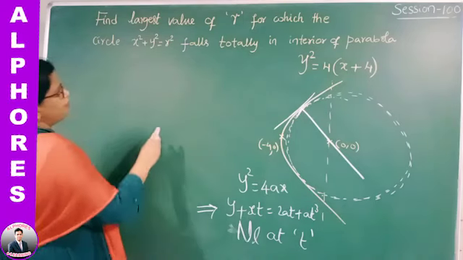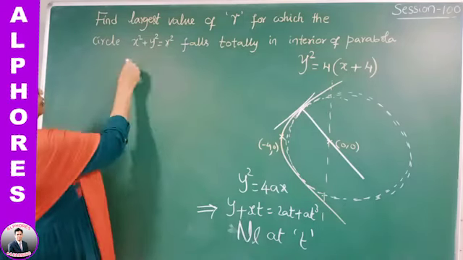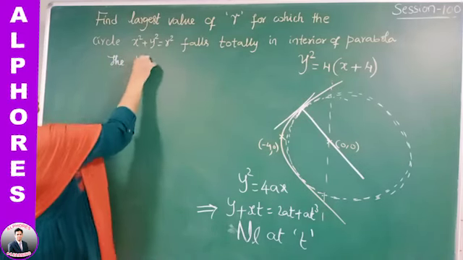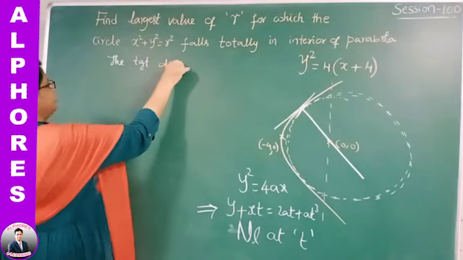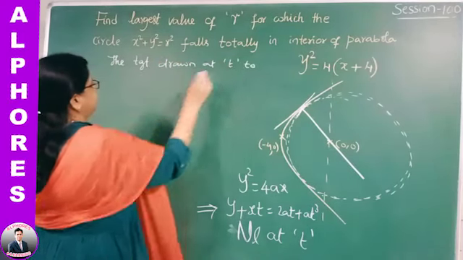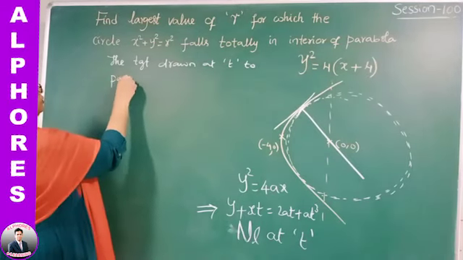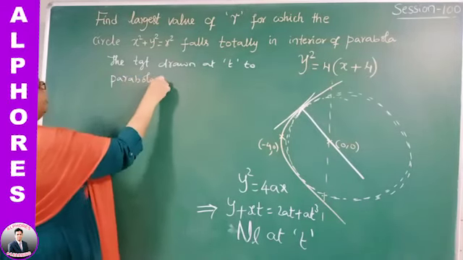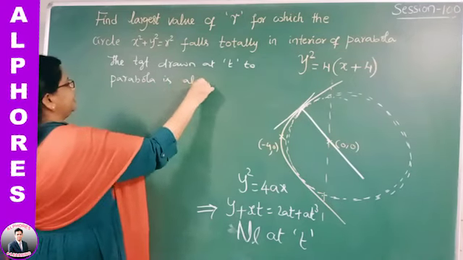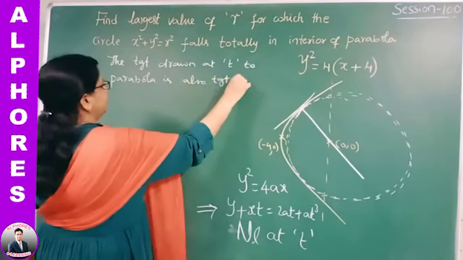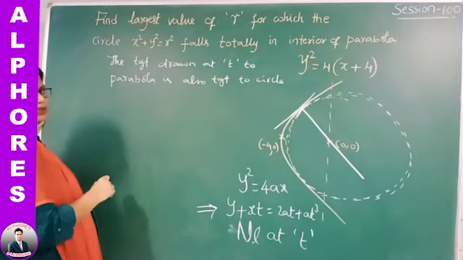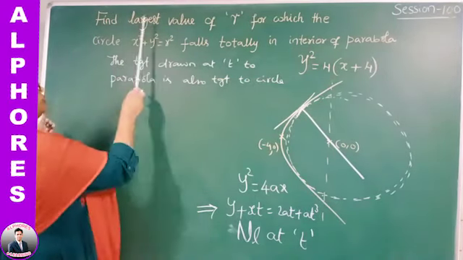So what is the formula now students? First of all we observe that the tangent drawn at t to the parabola is also tangent to the circle, because of what reason we are taking the largest value.